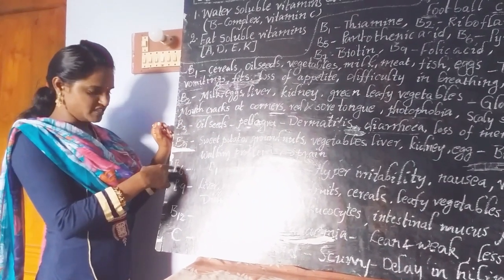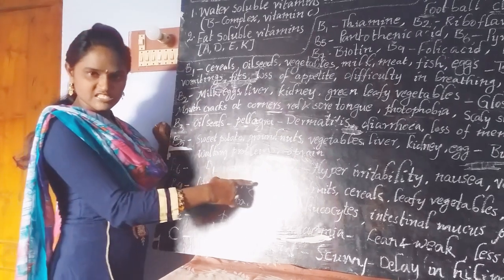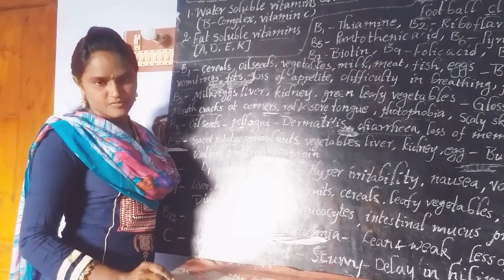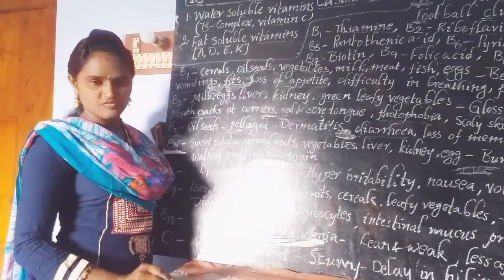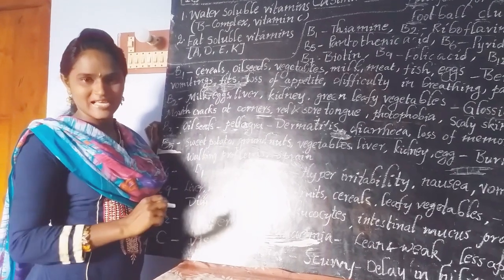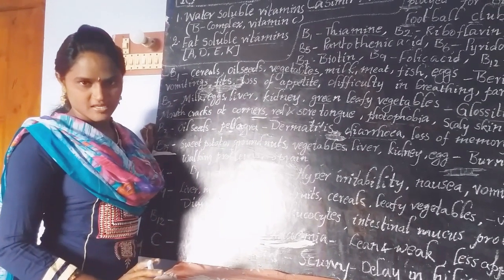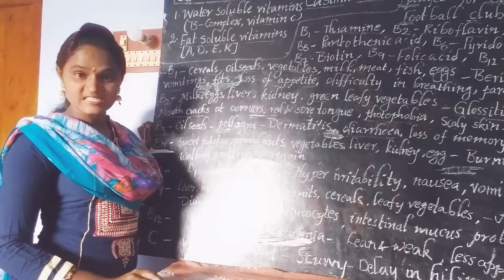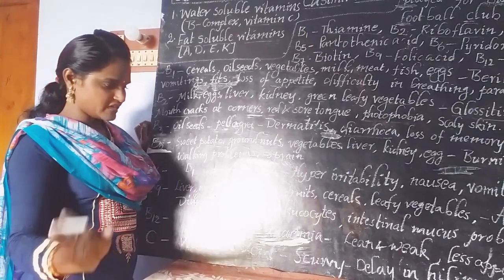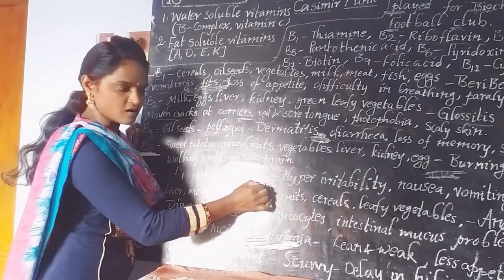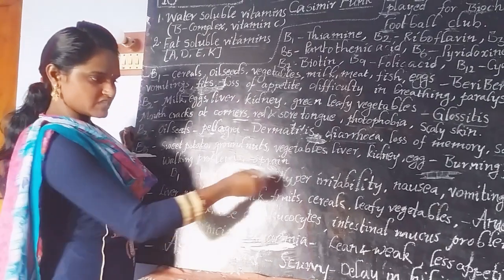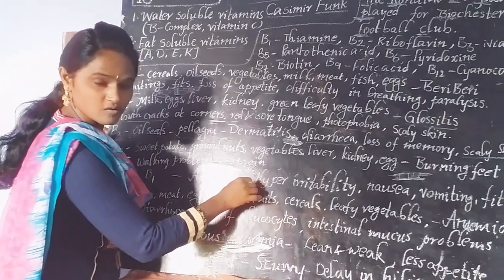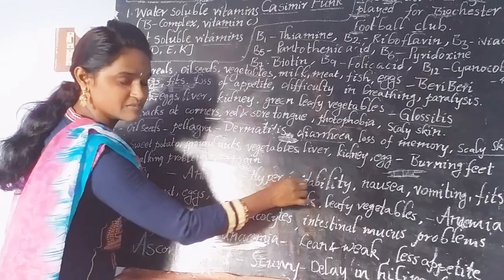By the deficiency of this vitamin, we get a disease called anemia. Anemia means such people have less blood in their body. In Telugu we call it Raktahinata. Anemia. And because of this, such people always have hyper irritability.